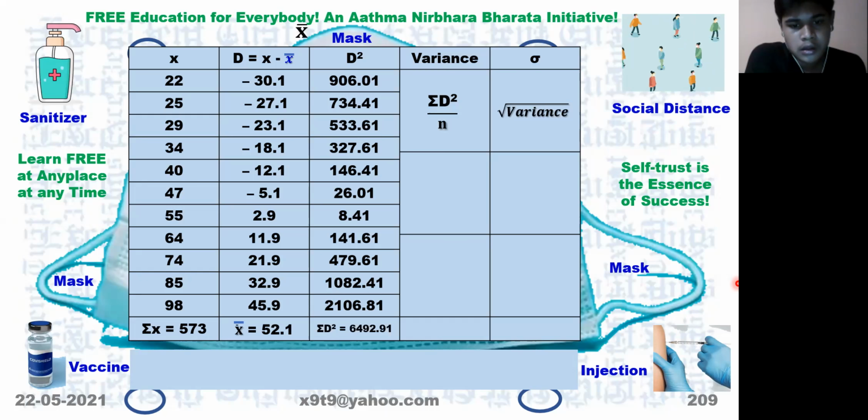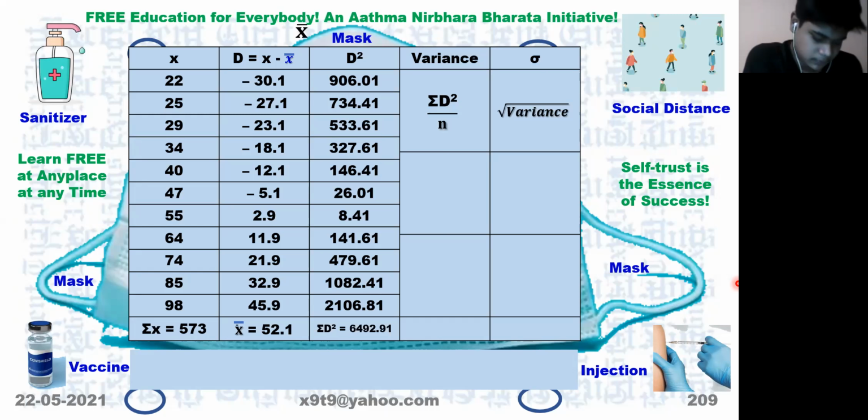So 6492.91. Because you are using the calculator now, you should get the same answer. I got 6,493. That means one of the values you have not entered properly. One minute. Re-enter the values from the beginning correctly.